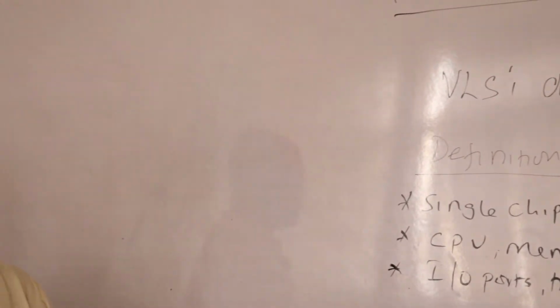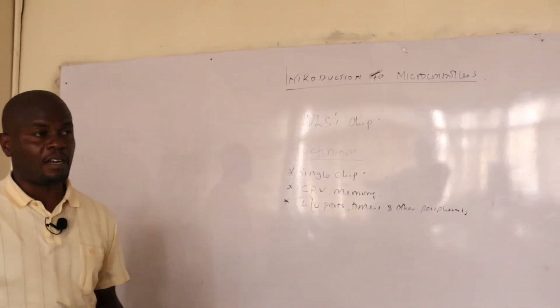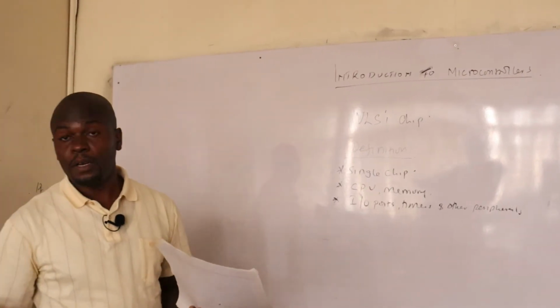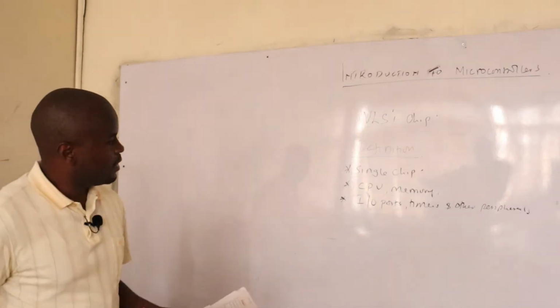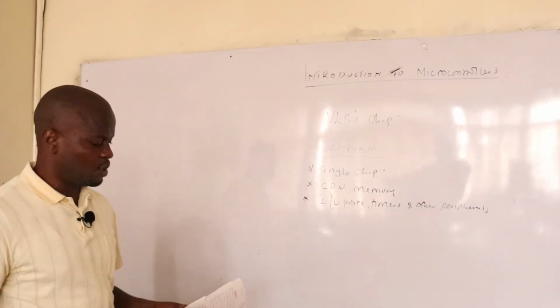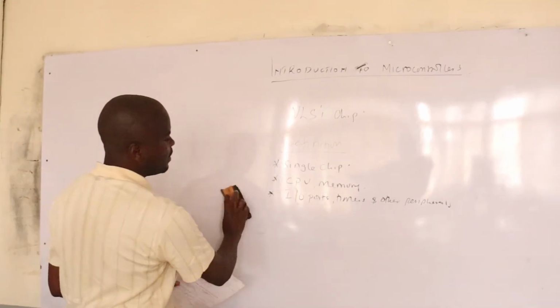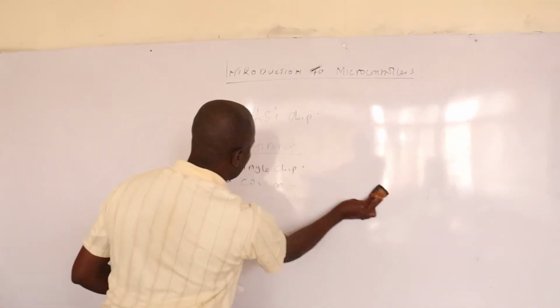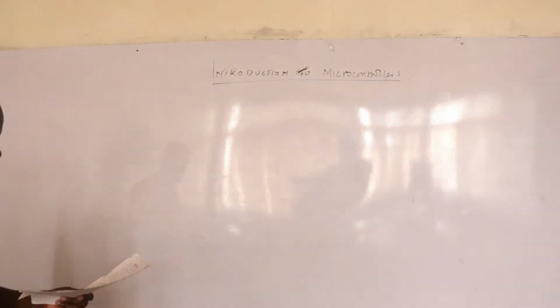Another thing is that it is small in size and has a low cost compared to the microprocessor. So let's look at the differences between the microcontroller and the microprocessor very, very fast.